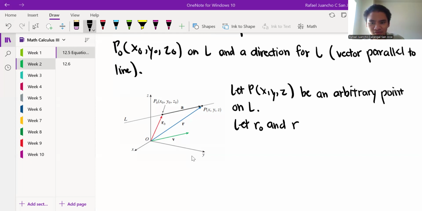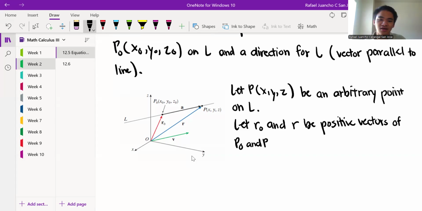They are position vectors of P naught and P. How are they position vectors?